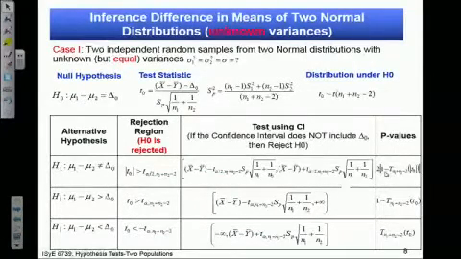So when two population variances are unknown, we need to estimate them using pooled variance. But the main assumption is that sigma 1 squared and sigma 2 squared are equal. Does anybody know how we can validate this assumption?